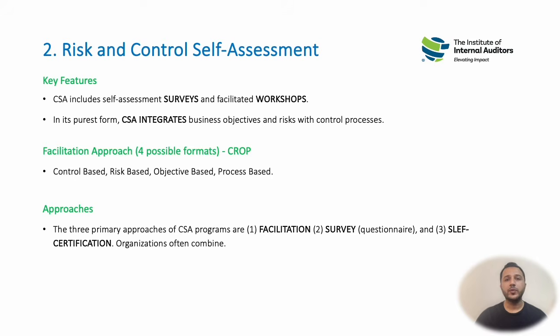Then there is the third approach, which is self certification, which means that the department itself carries out a CSA activity within the department to come up with a solution for a problem. It could be one problem or many problems, but the purpose is that the process owners themselves take ownership, follow the same protocol of a CSA, come up with a recommended solution, and self certify that they have managed the risk.